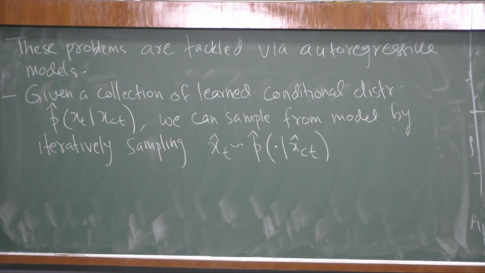So the point is that I can do this iteratively. That's why this word iteratively is interesting, because having seen an input of length t, my model now learns how to predict the t plus 1 entry.